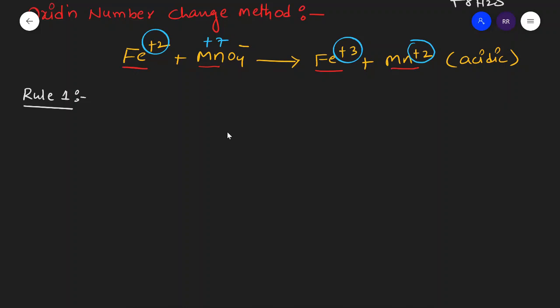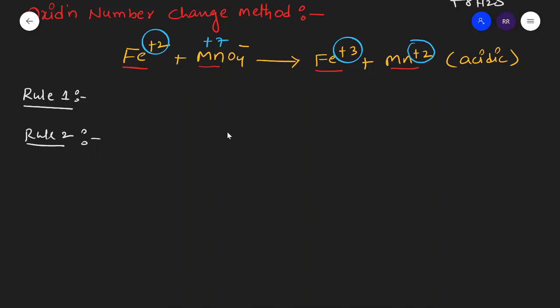And rule number 2, we have to balance only those atoms of elements changing their oxidation numbers. Like we have to balance iron and manganese. Right.